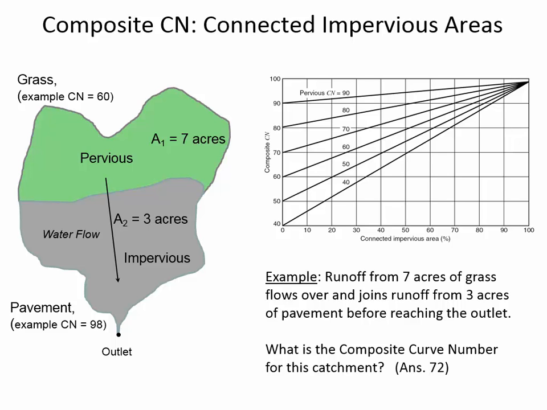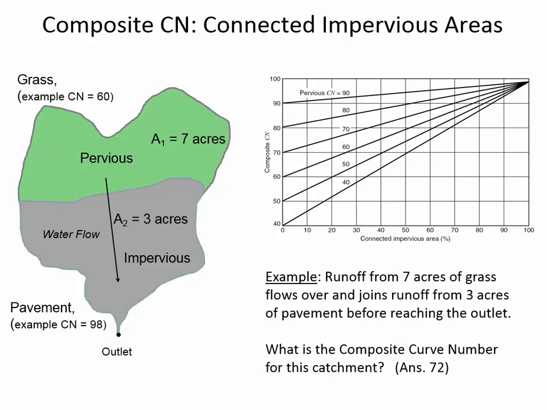The pervious curve number is 60. Okay, so we go along this chart and we find on the x-axis where it says 30%, because our connected impervious area here is 30% of the watershed. And if you follow that up to the pervious curve number, we've got a grass of 60.